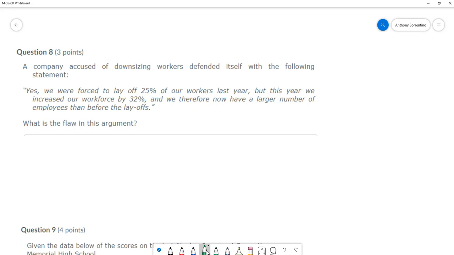What's the flaw? Well, let's take, for instance, last year. Now, I don't know how many employees there were, but just to pick a number, say there were 100 employees.